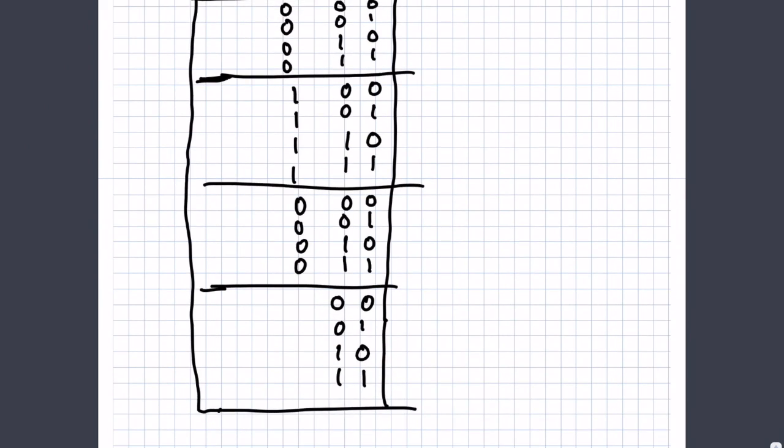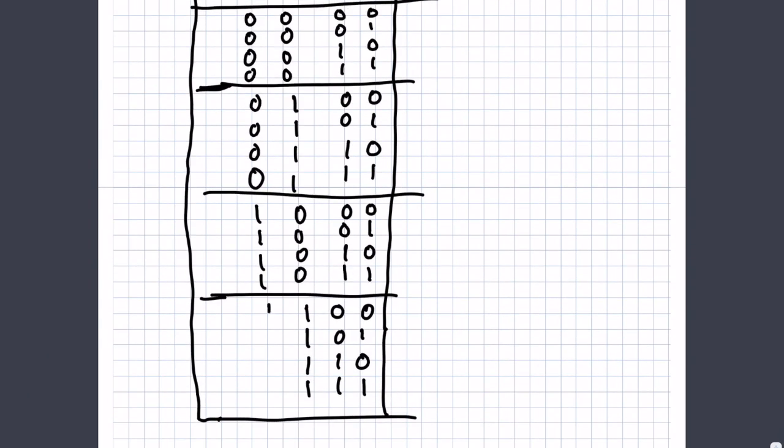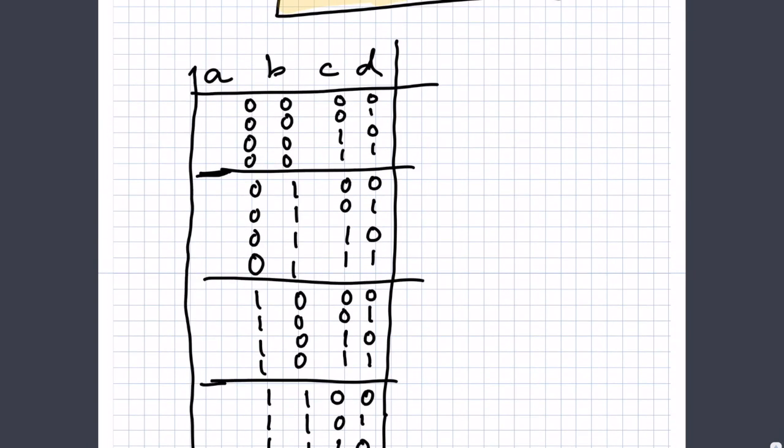Four zeros, 4 ones. And for the last variable, it's 8 zeros, 8 ones. So there's the pattern for generating the rows of a truth table.